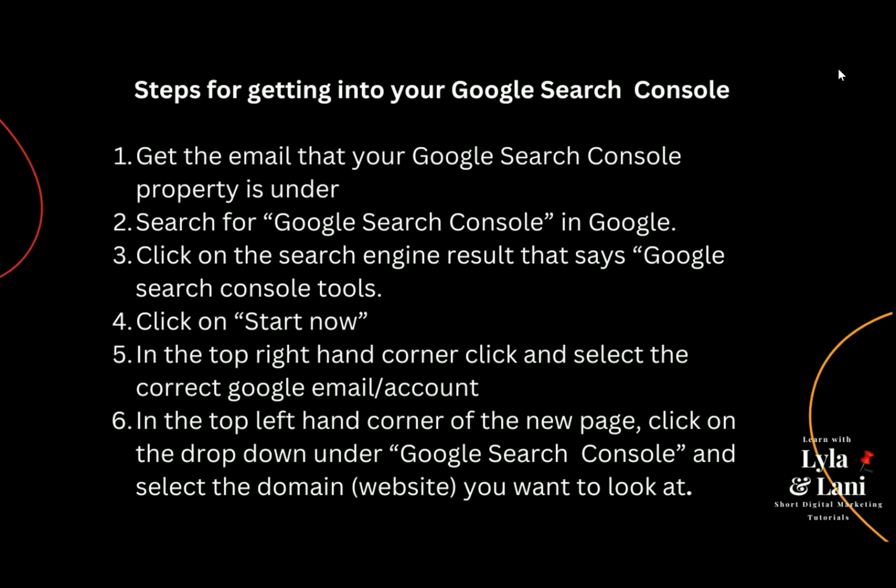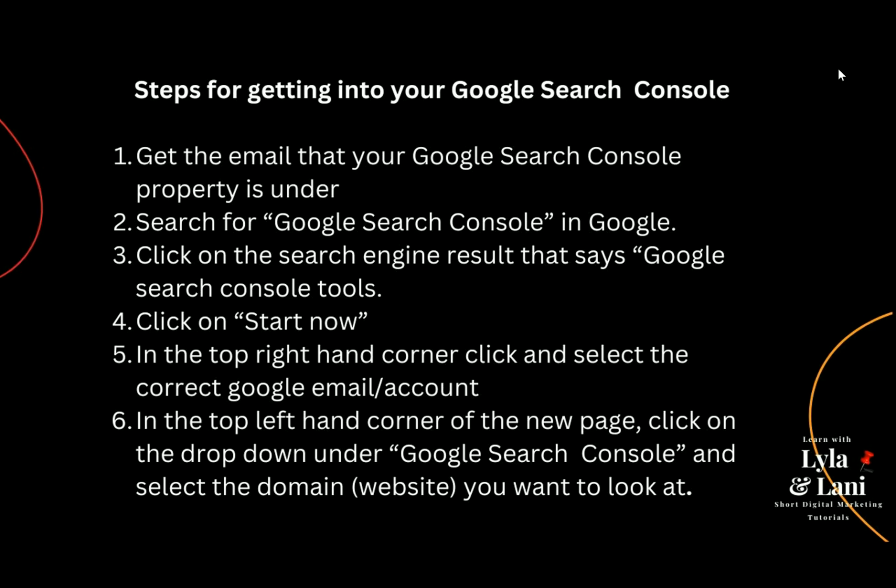The second scenario is if you are logged into a Google account, but it's not the correct one, in which case go to the top right-hand corner and select the correct Google account that the Google Search Console property is under.